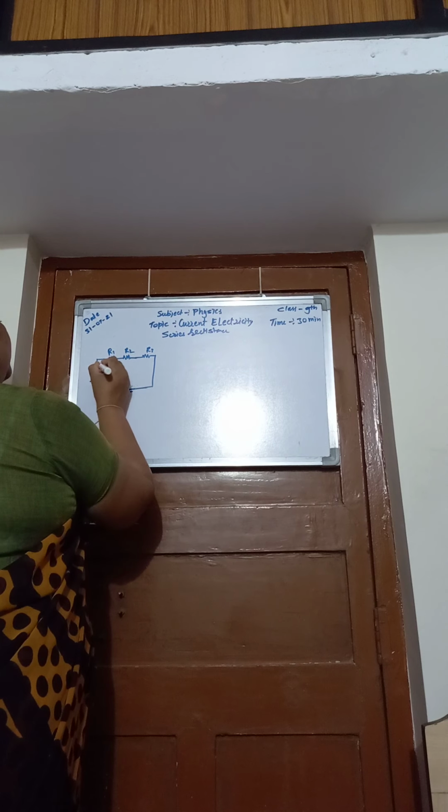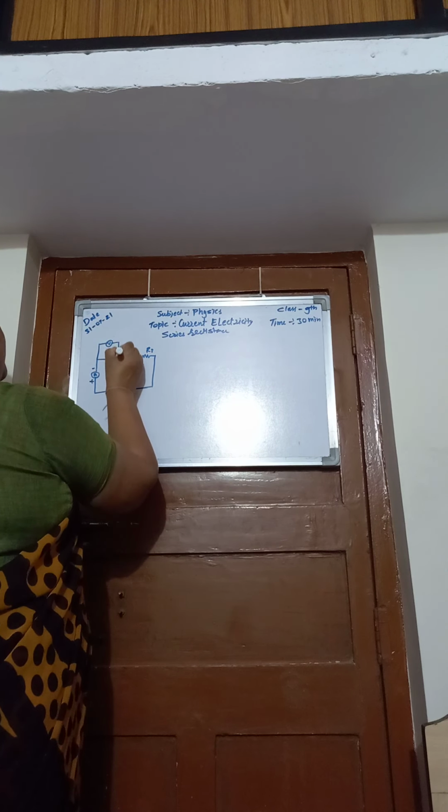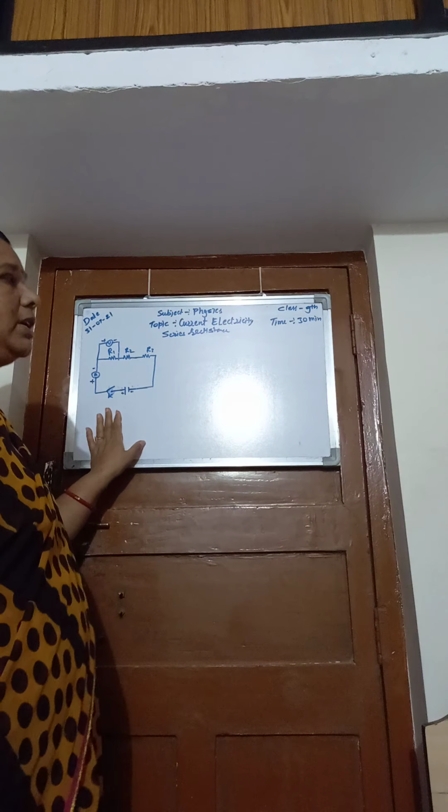A voltmeter V is connected across R1. This is plus, this is minus. This is the series connection.